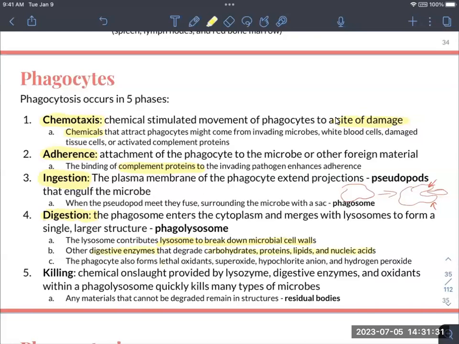They also want to get rid of any lethal oxidants, superoxide, hypochlorite, anions, or hydrogen peroxide, because those are dangerous to our system in high numbers. Then they kill. So those lysozymes, enzymes, different oxidants, they kill those microbes. That is their job.